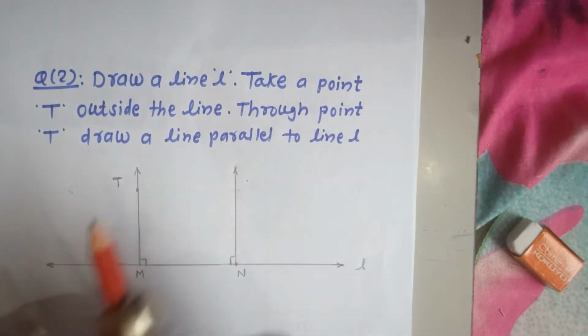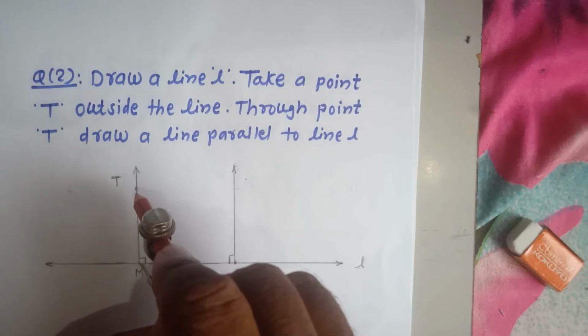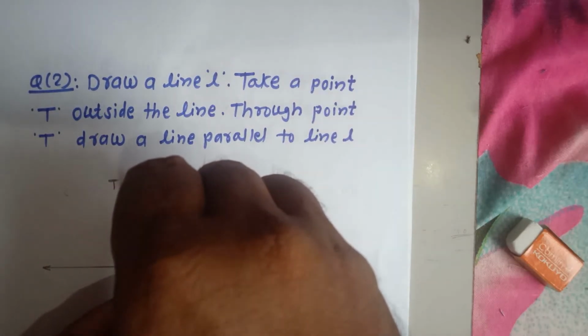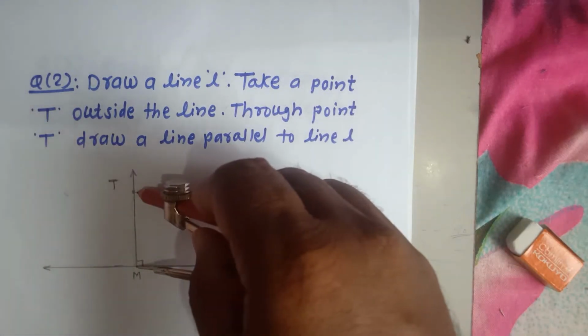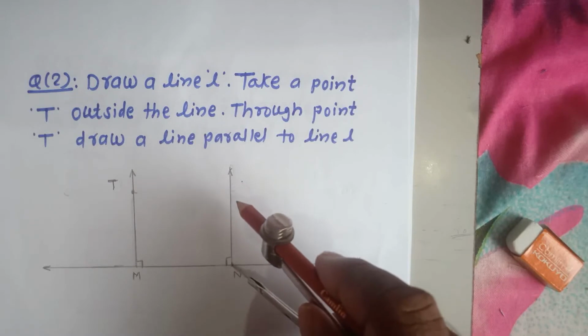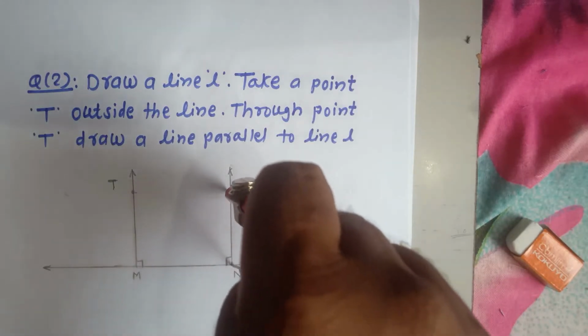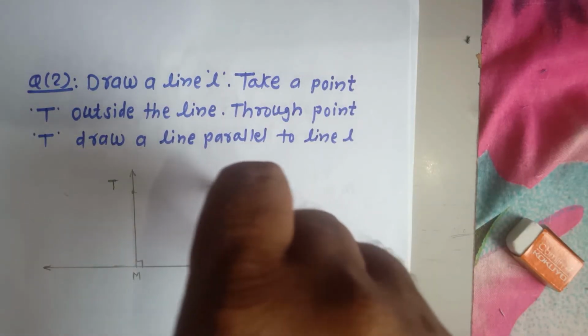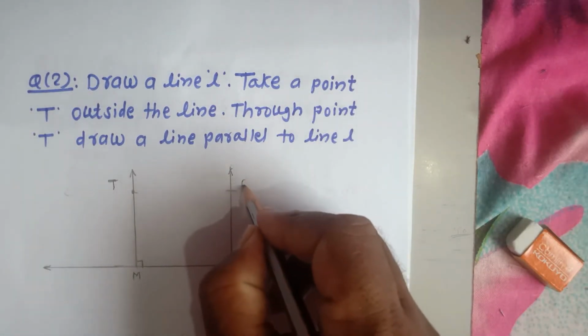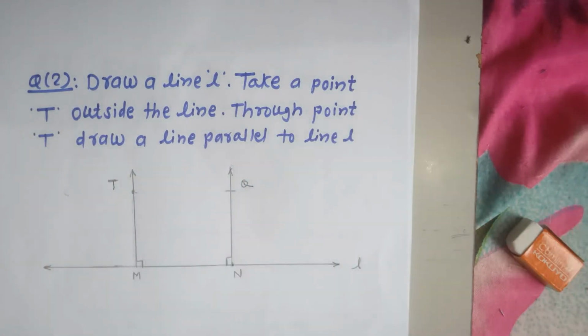Now take a compass, take a distance equal to MT in the compass, put the compass on N and draw an arc on this perpendicular line. Let that point be Q now.